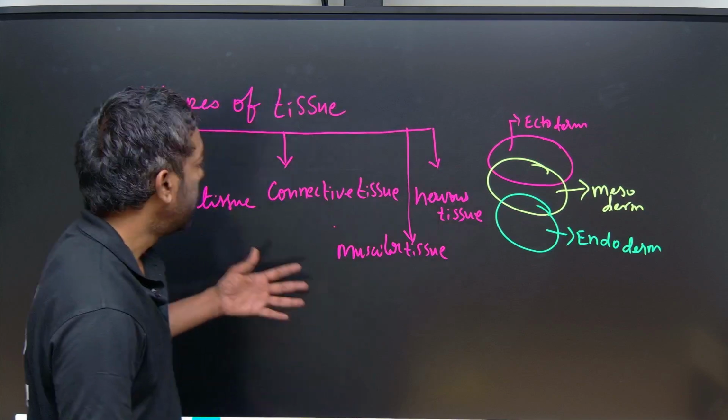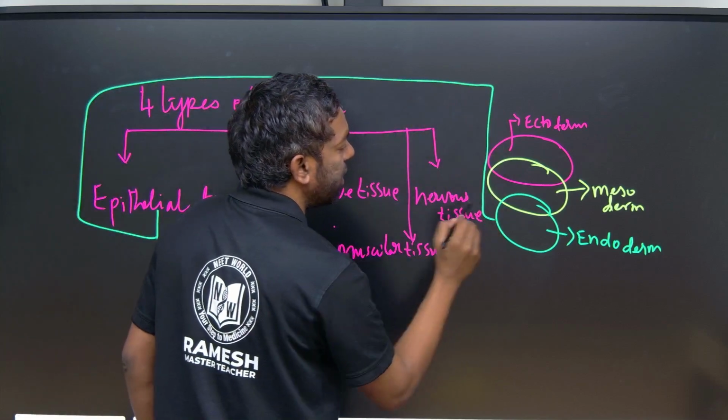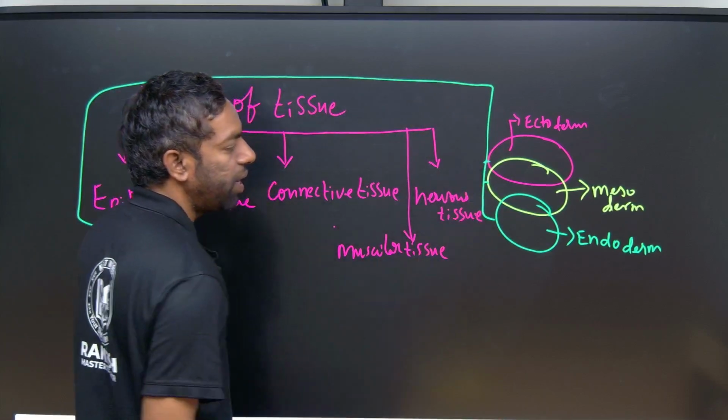Epithelial tissue originates from all 3 germ layers, ectoderm, mesoderm and endoderm.